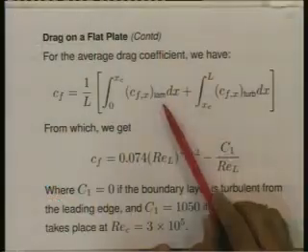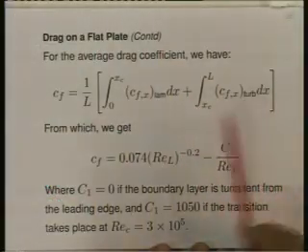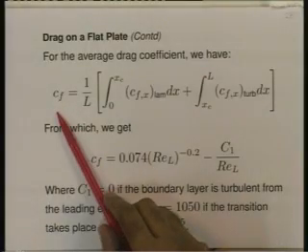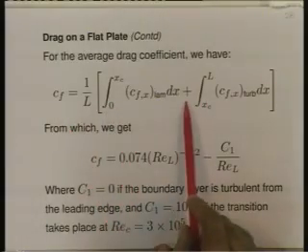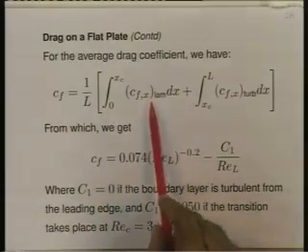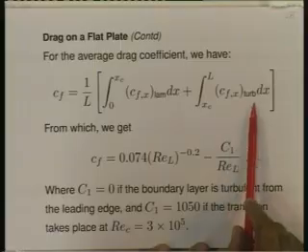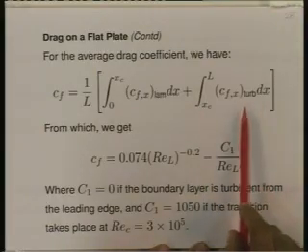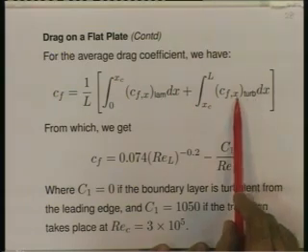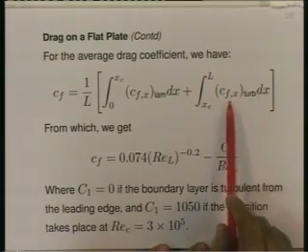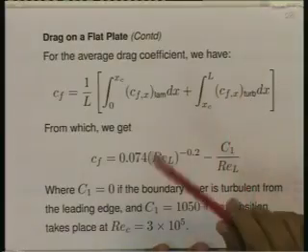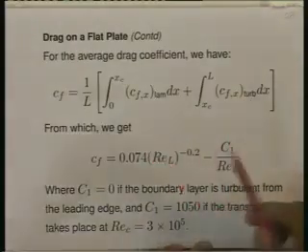Suppose we have the possibility of the boundary layer being partly laminar and partly turbulent. Then the averaging to obtain the average drag coefficient will have to be done over part of the boundary layer which is laminar using the laminar skin friction equation, and part of the integration to be done over the turbulent part of the boundary layer using the CFX turb, which is the turbulent boundary layer skin friction coefficient.